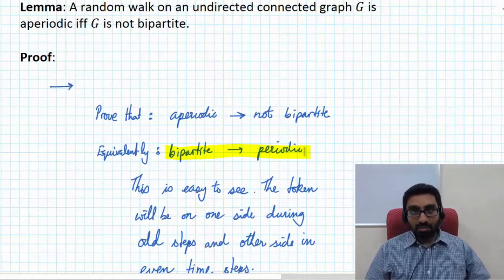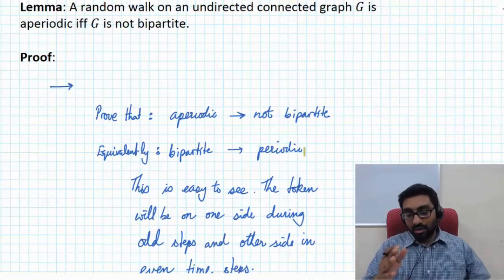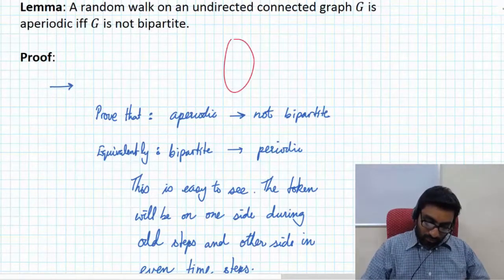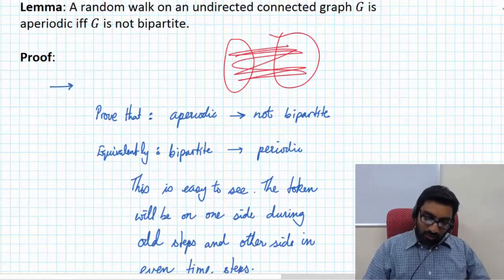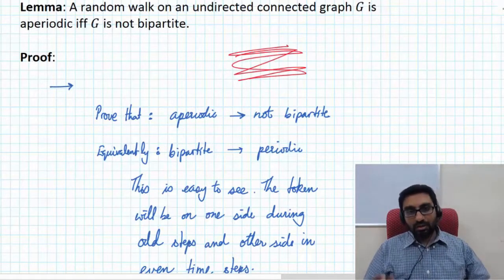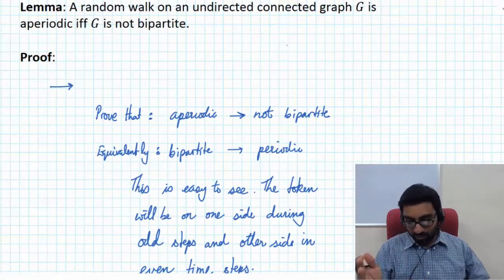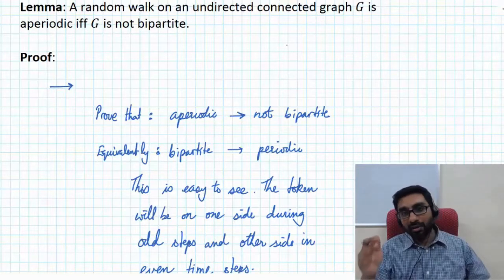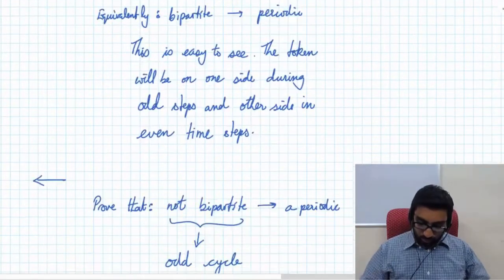Well, this is very easy to see because if it is bipartite, then there are two parts to the graph, and the random walk will stay at one side during odd times and the other side during even times. So it's quite easy to see that a random walk on a bipartite graph is going to be periodic. So the forward direction is proved that way.